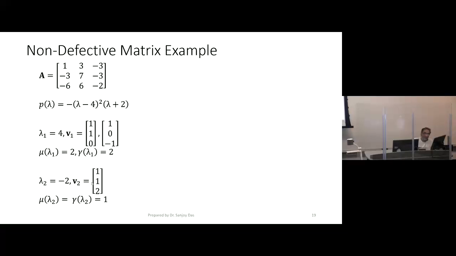I haven't normalized these again. But so here we have three different eigenvectors. So the three eigenvectors span a three-dimensional space. They're not linearly dependent.